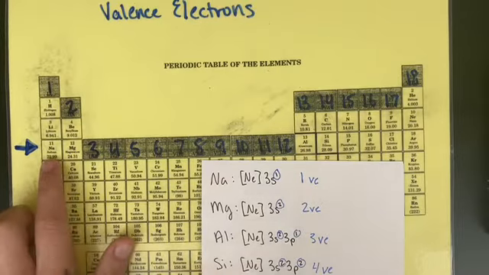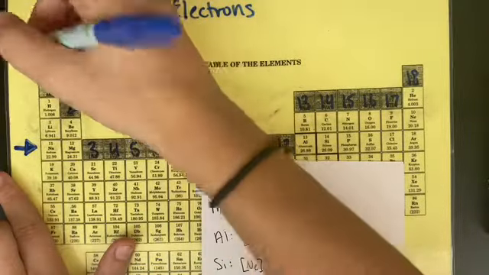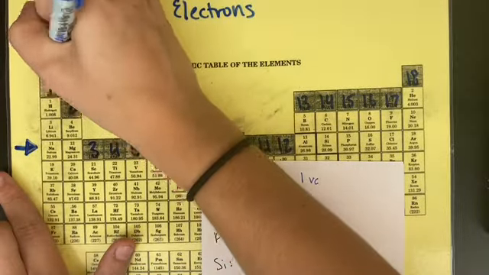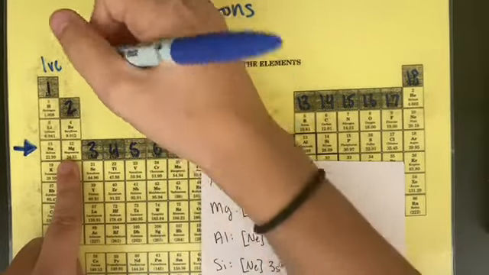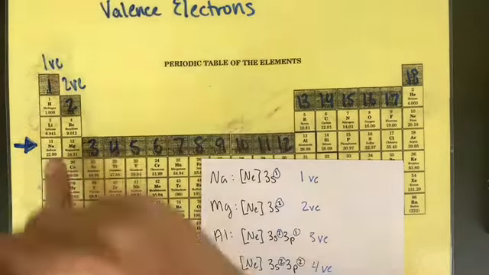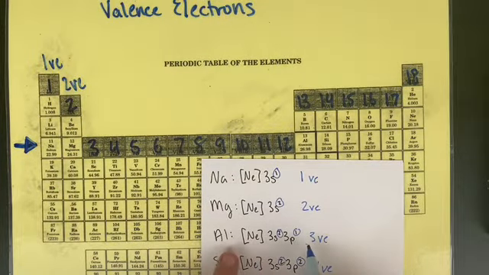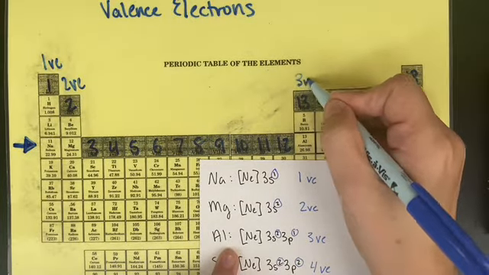So if sodium has 1 valence electron, and we said that elements in the same group have the same number, that means all of these elements have 1 valence electron. Magnesium has 2 valence electrons, so that means all of these atoms have 2 valence electrons. The next one we looked at was aluminum, and we said aluminum had 3 valence electrons.